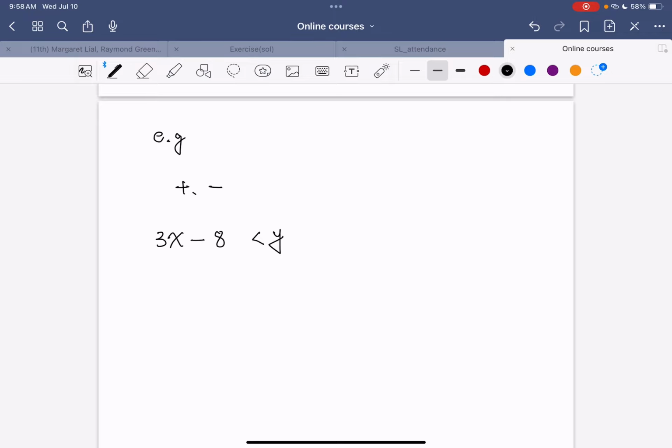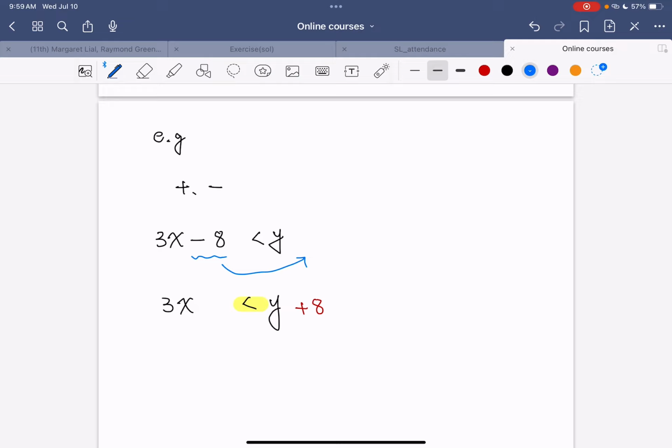If we want to move the number 8 to the right hand side, the only thing we have to do is move it, so we'll get y plus 8. Keep in mind that we don't have to change the direction of the inequality.